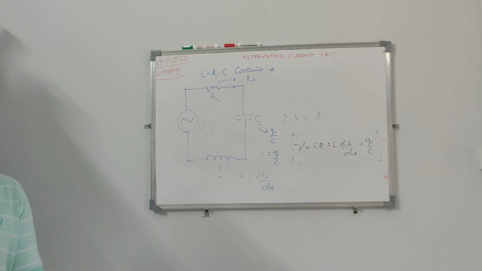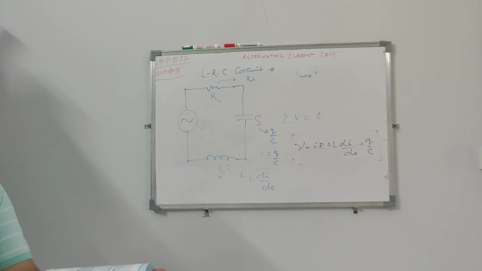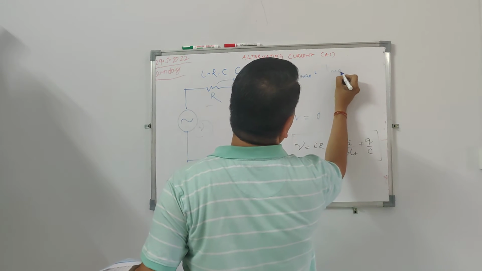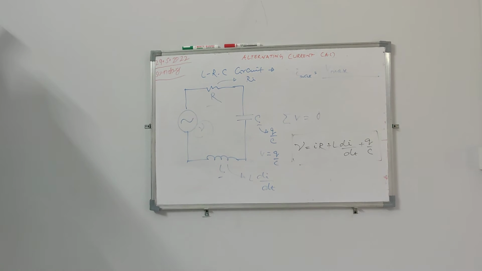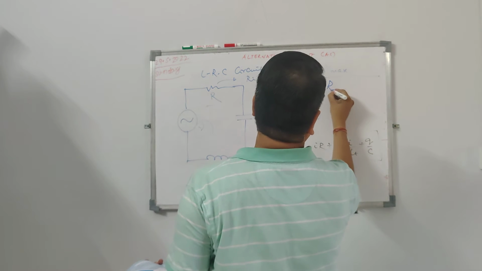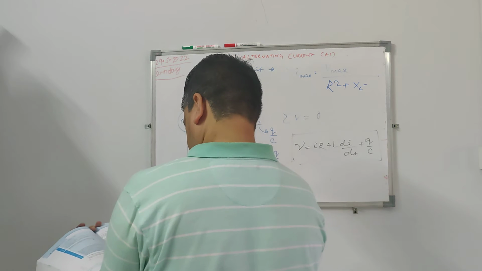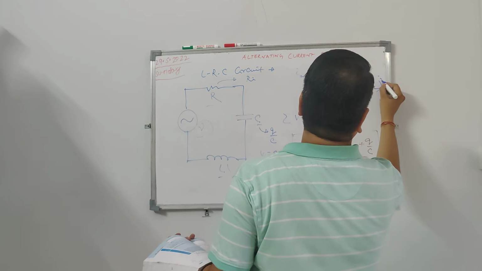But finally, what I will get is that my max current, I max, is equal to V max divided by the square root of R square plus XC minus XL whole square. That is the impedance.